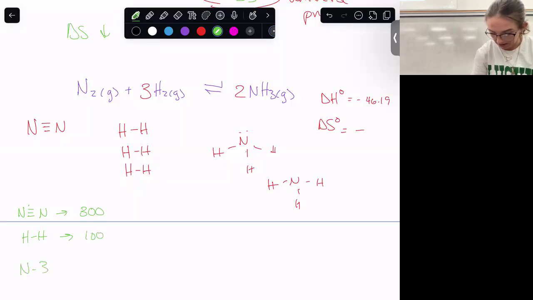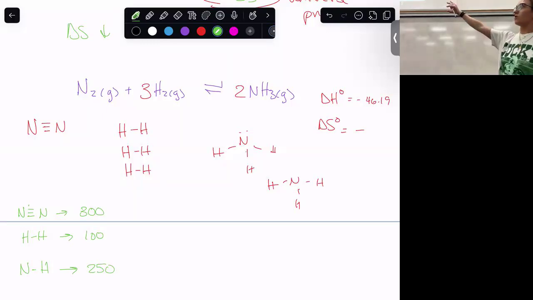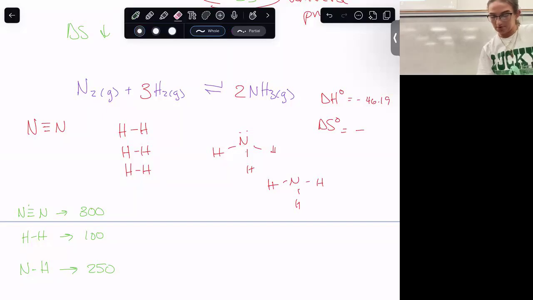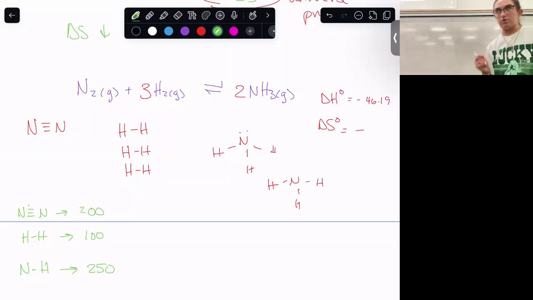But then your NH3 would be, I don't know, 250. So the energies for all of these bonds are below. This is 200, 100, and 250, if I just made up those numbers.